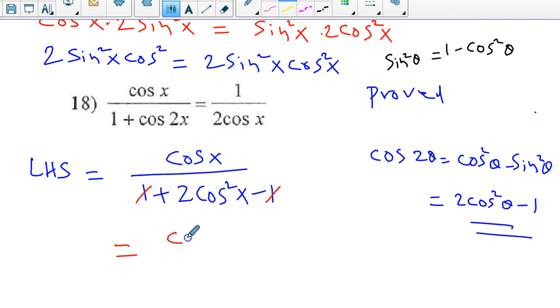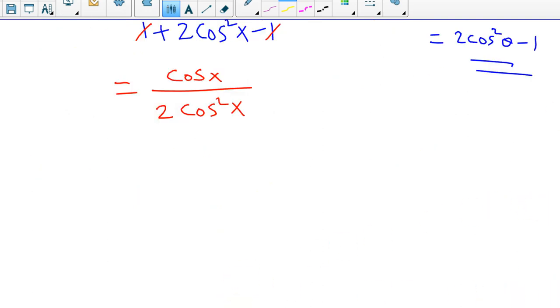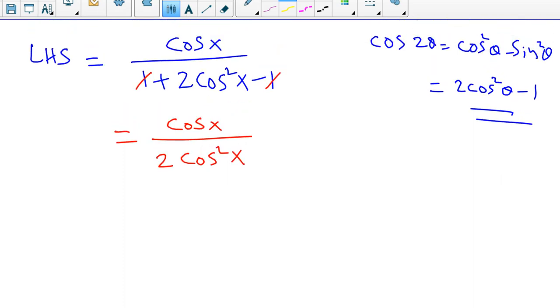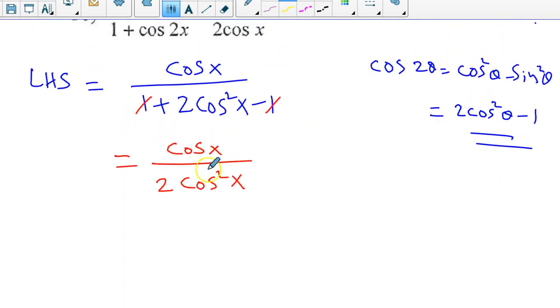So you are left with cosine x over 2 times cosine square x. Alright, now that is simple. What happens? On the numerator I have 1 cosine x, in the denominator cosine square x means it is cosine times cosine, right? So I can cancel off one of that.